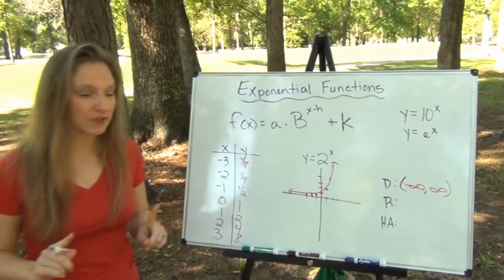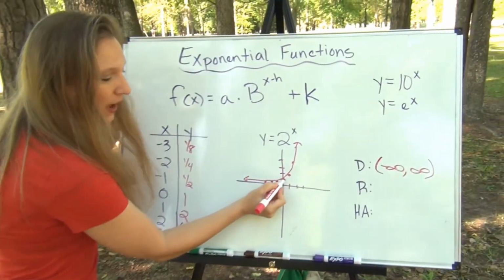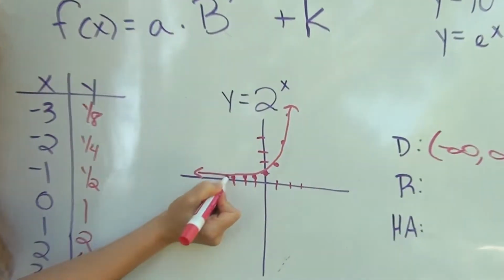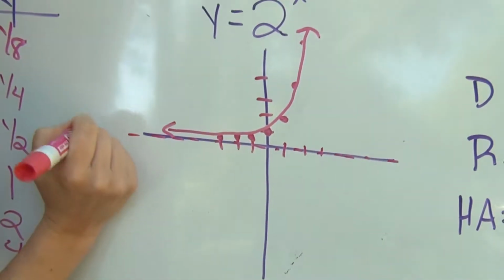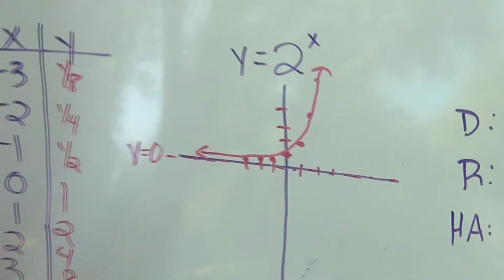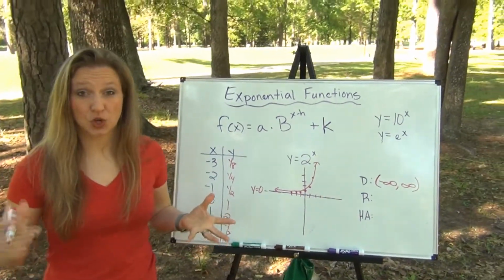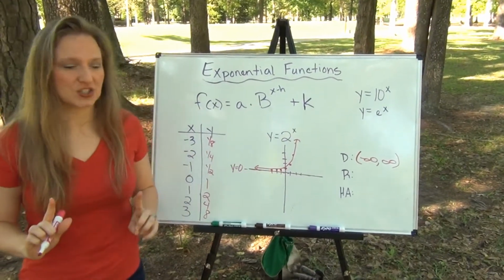Our range, however, notice we have an asymptote here. This graph, if I keep going in this direction, it's going to get closer and closer and closer to y equals 0, but it will never quite reach it. That's the definition of an asymptote, a line that the graph approaches but never touches.